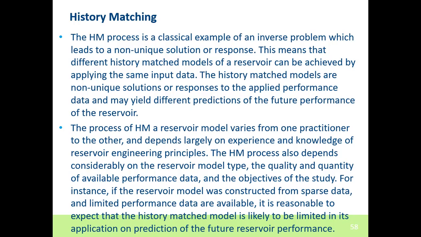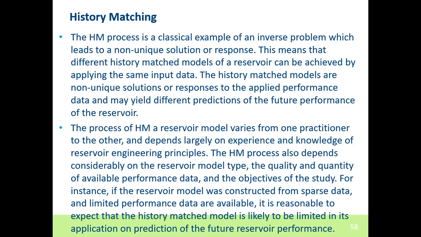The history match models are non-unique solutions applied to performance data, and they can yield different predictions. So even though it's a non-unique inverse problem, you need to find a way of using your engineering knowledge to reduce the uncertainties.